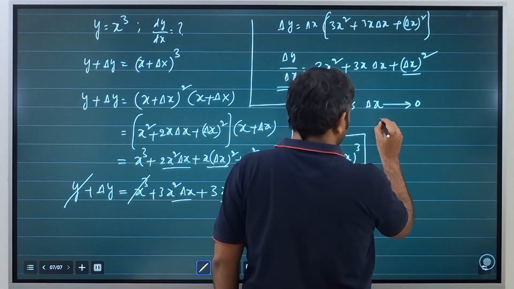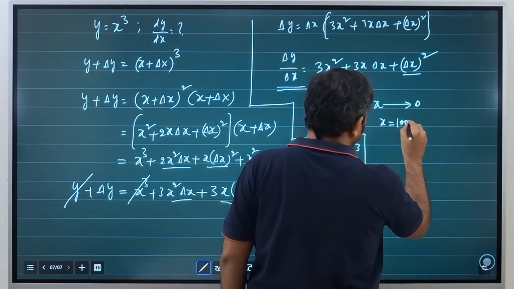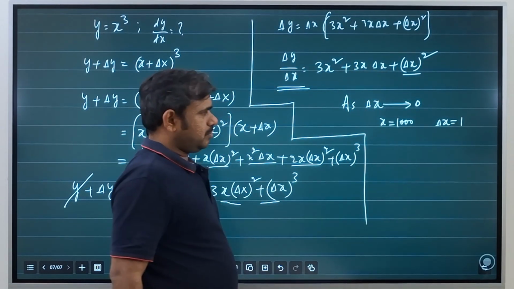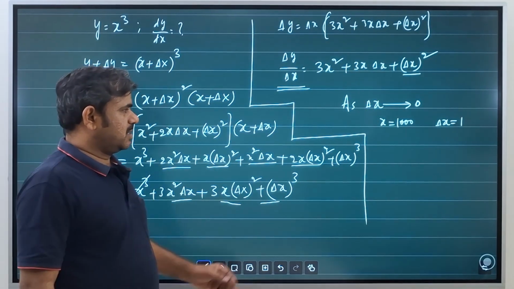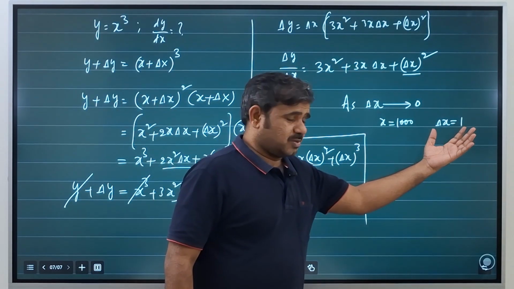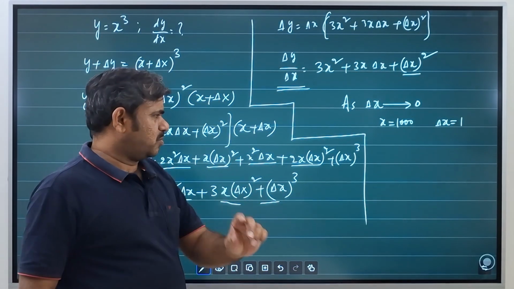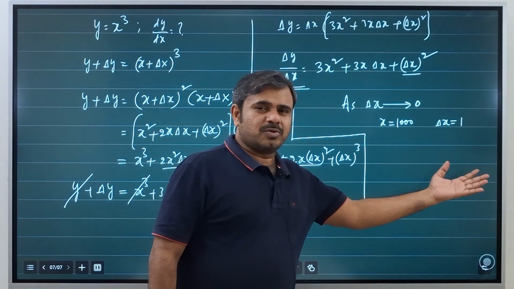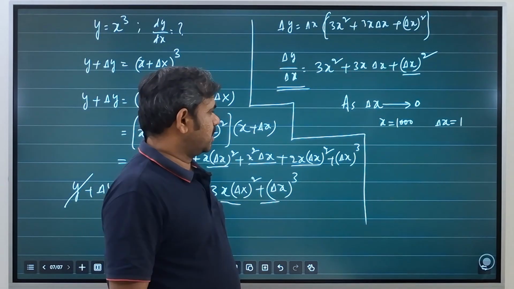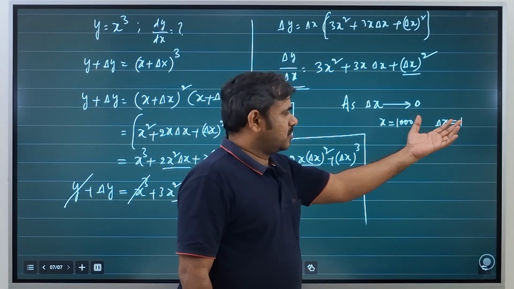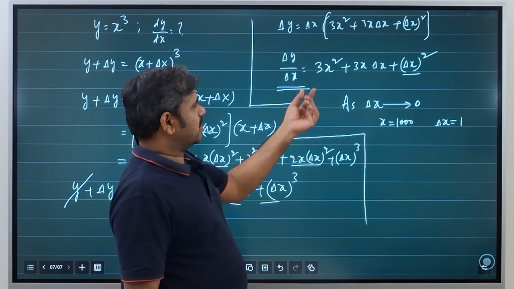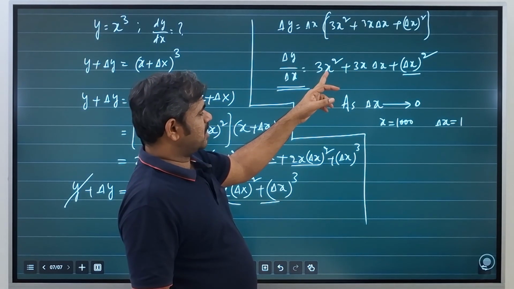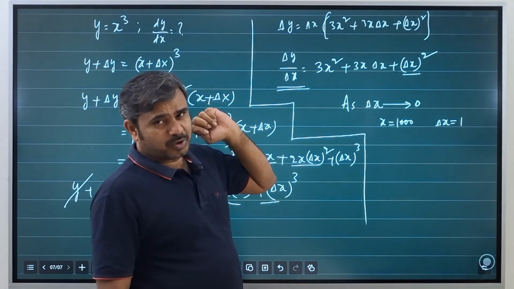For example, take x is equal to 1000 and delta x is equal to 1. Delta x of course does not tend to 0, but it is very small, though not small enough to call it close to 0. But anyway, take x is equal to 1000 and delta x is equal to 1. Calculate these values. If x is equal to 1000, x square becomes 1 million.